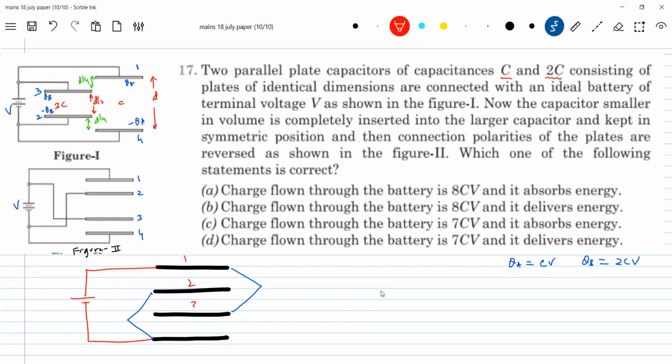One, two, three, 4. Look at this problem, where the negative terminal of the cell is connected to plate 4, no? So I didn't change it, as it is, you see. Now also in the second diagram, negative terminal is connected to plate 4. Negative terminal connected to plate 2. So you see this.